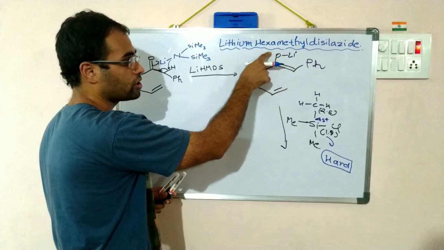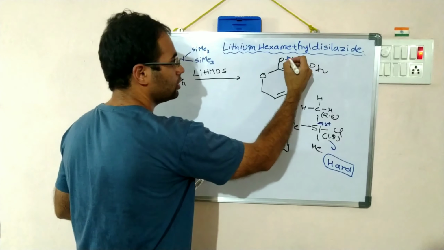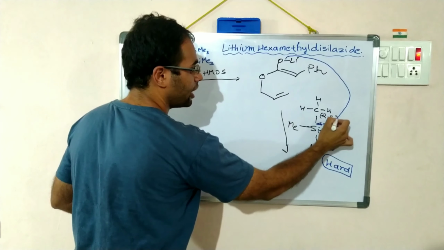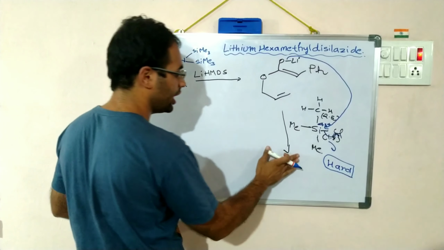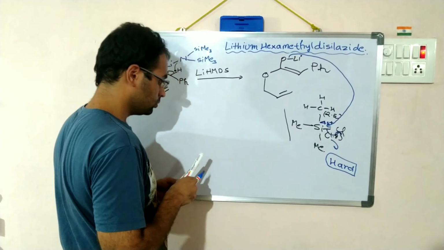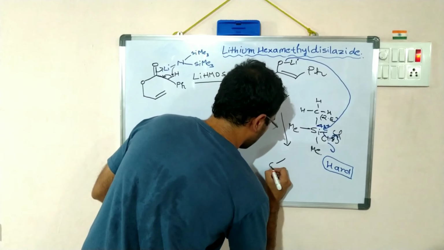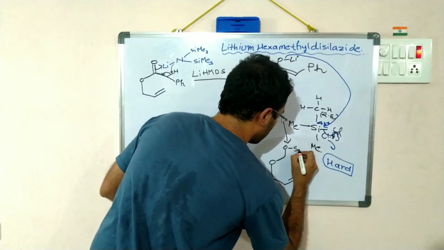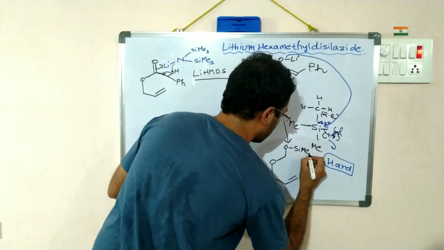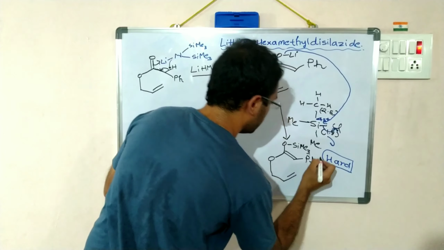Out of carbon and oxygen here, oxygen is much harder than carbon, and hence this oxygen attacks this silicon atom and displaces the chloride ion. So what we get is this.